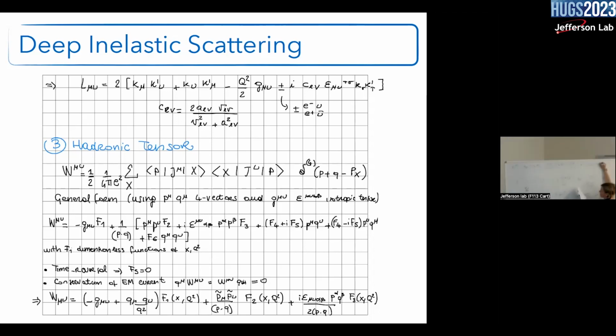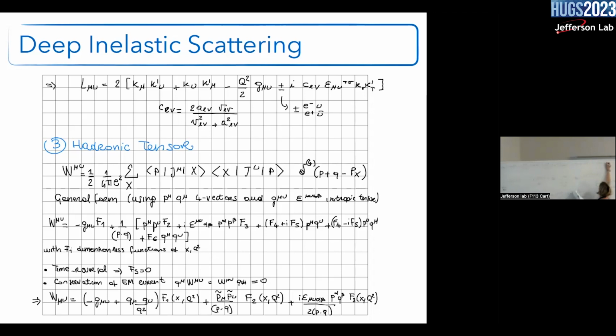There will be something which is proportional to F4 plus i F5 times P mu Q nu. Another combination with the same thing.